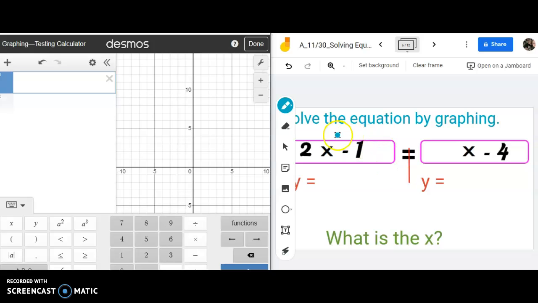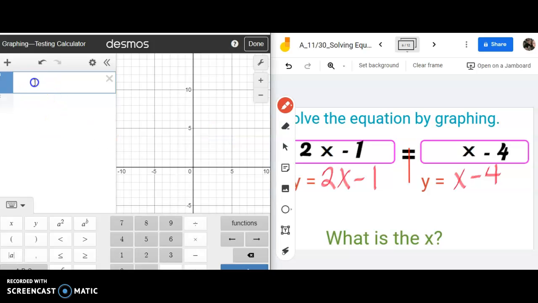So I'm going to take this whole left side and I'm going to say y equals, and I'm just going to write what I see right there, 2x minus 1. That's one of your equations. On the right-hand side, I start with y equals, I just take what I see on the right, x minus 4. So now I'm going to go graph both of those, one at a time.